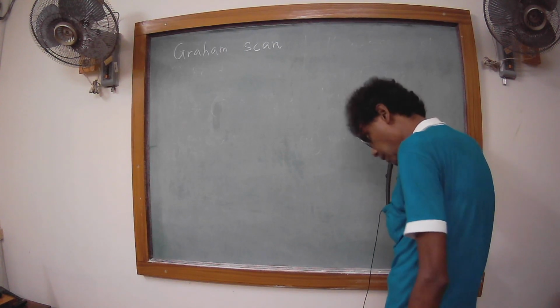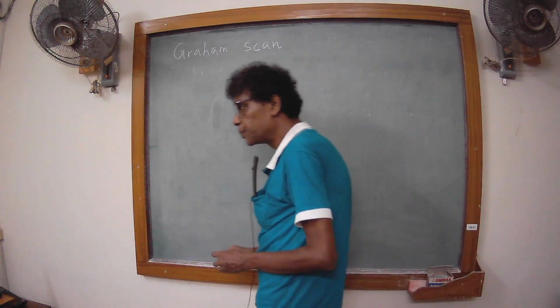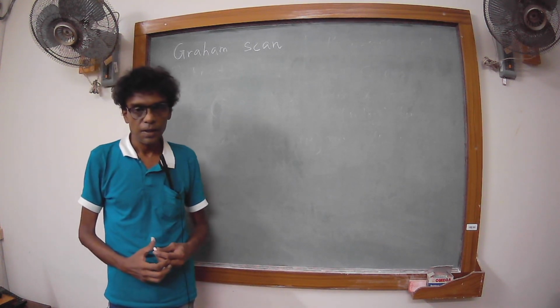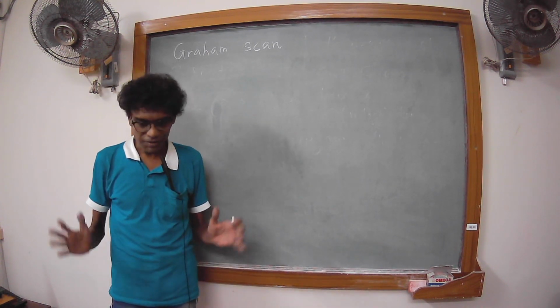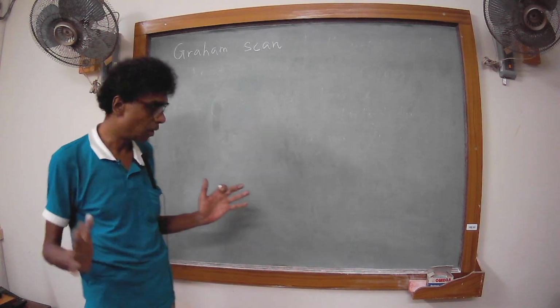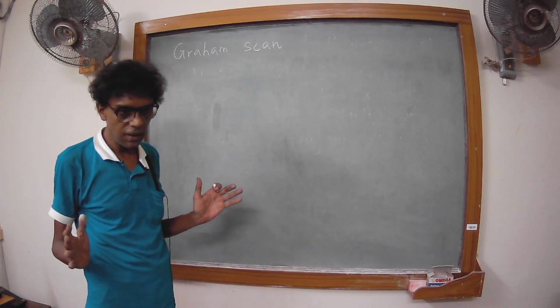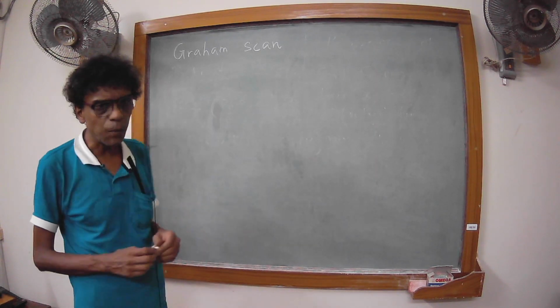Since P1 is the point with the smallest x coordinate, it must be in the convex hull. This is the leftmost point, right?